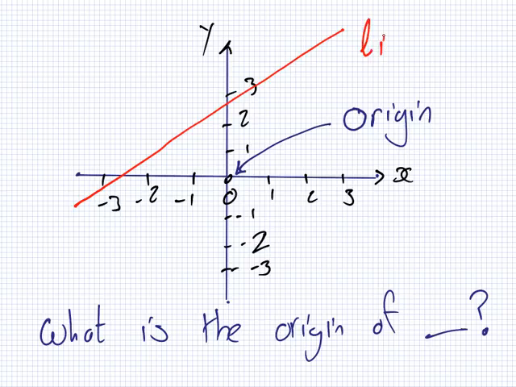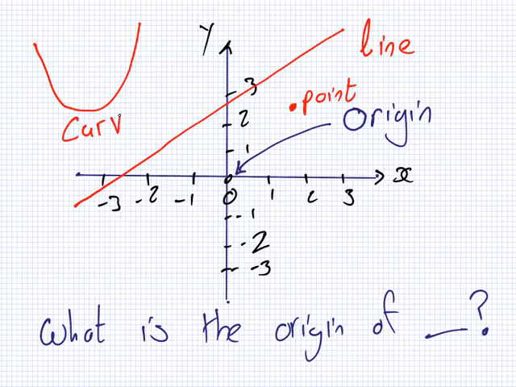Yes, line. So that's a line and that's a point. And what about this? Circle? No. Good try. Not circle though. Circle is this. Better, but no. This one we call a curve. C-U-R-V-E, yeah.